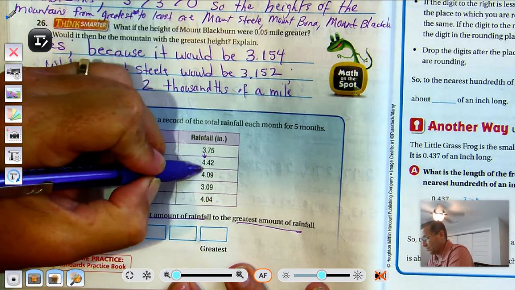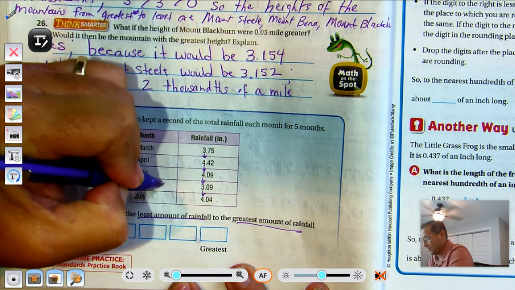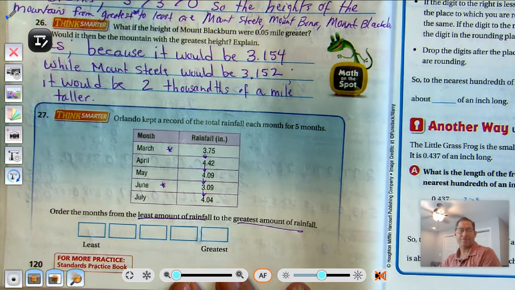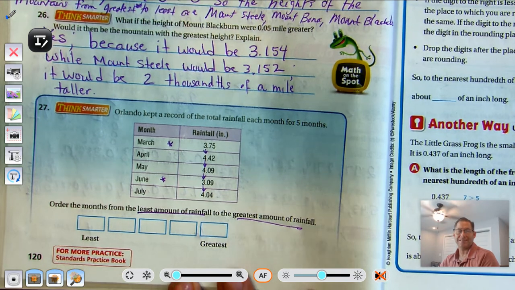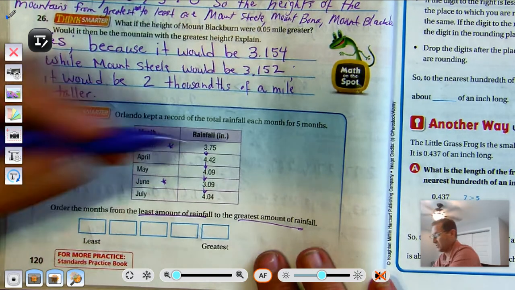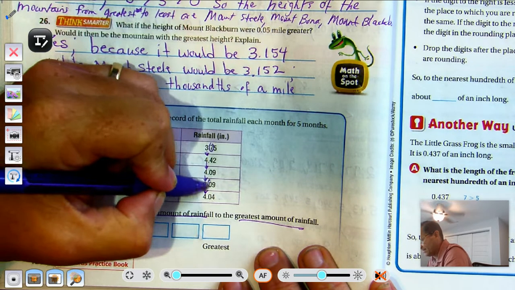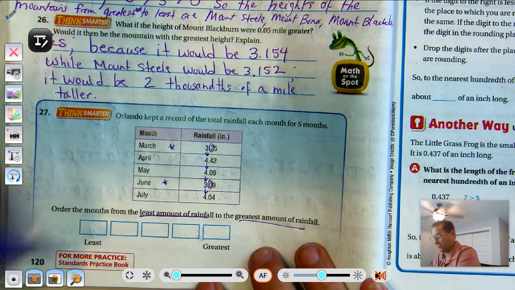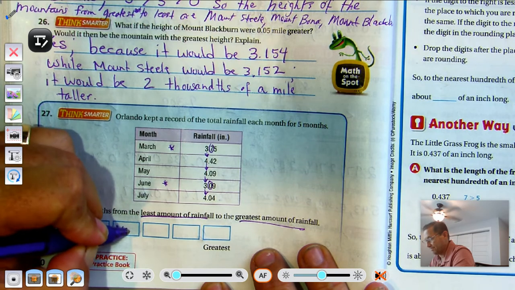So if we go with just the ones, I do see that June and March have threes, which is less than 4. So March or June is the least. So let's go to the tenths to compare those. So we have 7 compared to 0. Well, 0 is less than 7. So June is the least, followed by March.